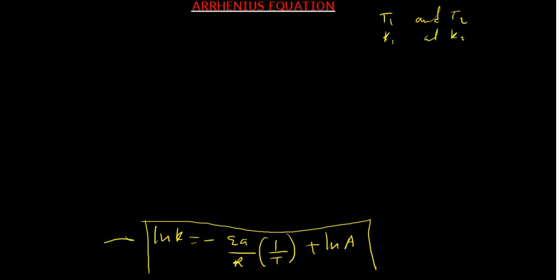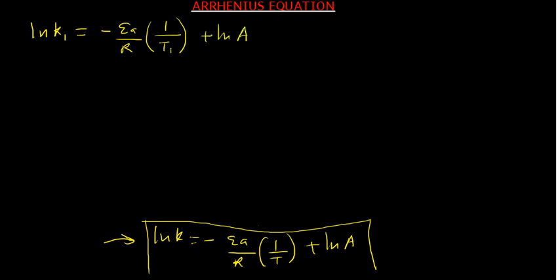Just using this equation, we can say ln k1 is going to be equal to negative activation energy divided by R, and then 1 over T1, and then plus ln A. Writing it again now with temperature 2, it becomes ln k2 being equal to negative activation energy divided by R, and then 1 over temperature 2, and then plus ln A.